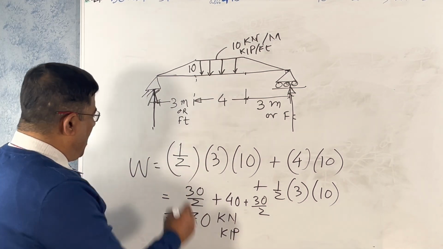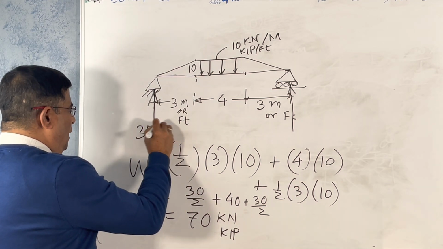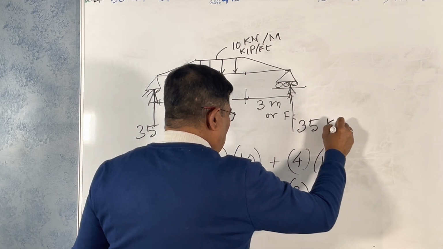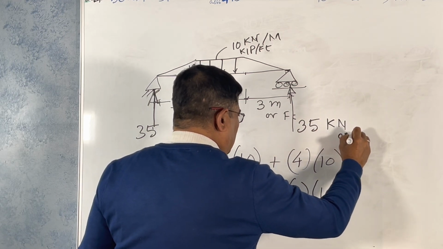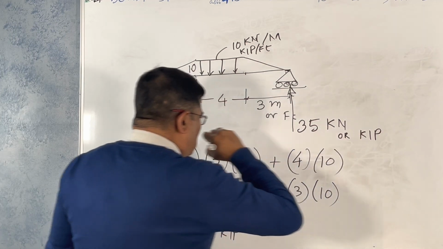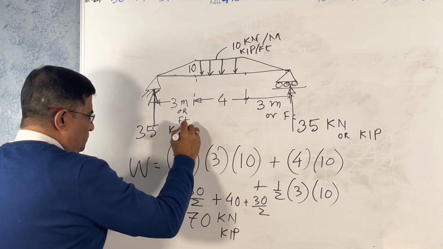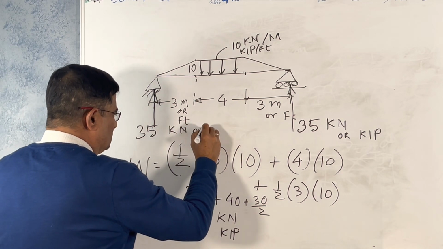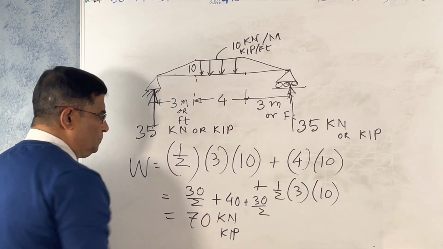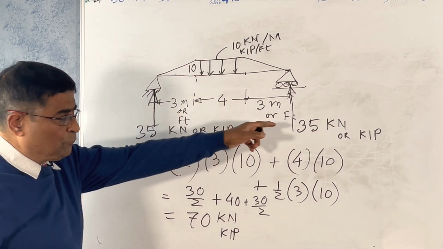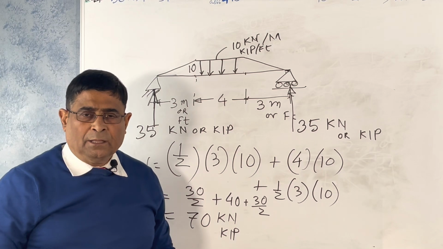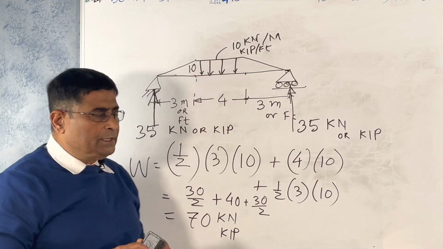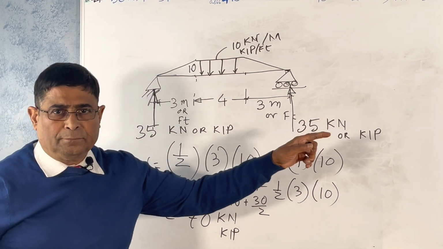Half will be there, so this is 35 kilonewton or kip. This is the reaction. In bending moment and shear force diagrams, you always need to find the reactions first. That is most important.